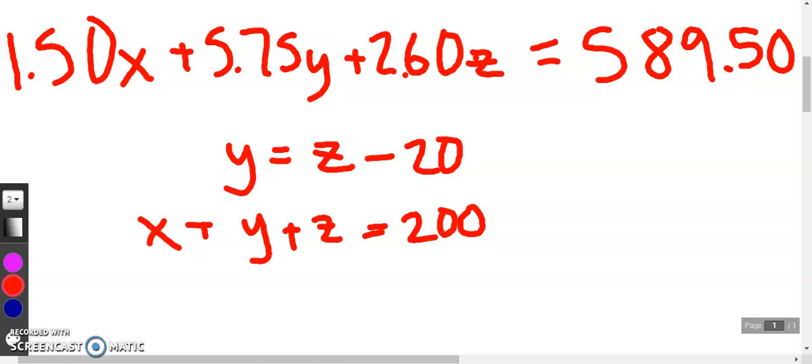So we now have our three equations and our three variables, which means we can set this up just like we did with the previous videos where we used the matrix to simplify our equations. Just remember that in order for the matrix to work, your x's, y's, and z's all have to line up before the equal sign.